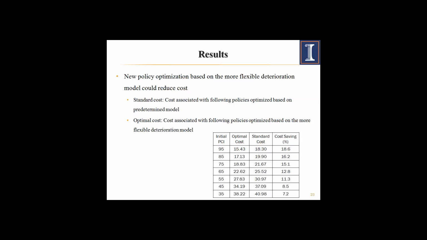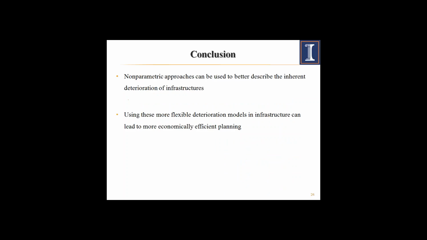And we can see that there is a significant cost saving. So we can use these non-parametric approaches to just use the data to find the model. And by doing that, we can make a more economically efficient planning.